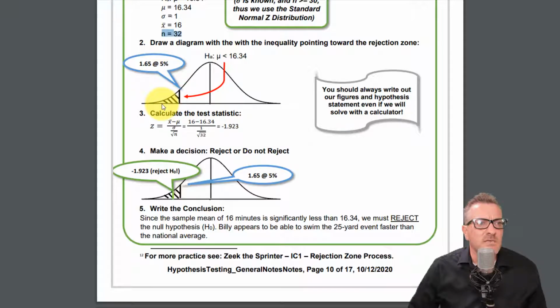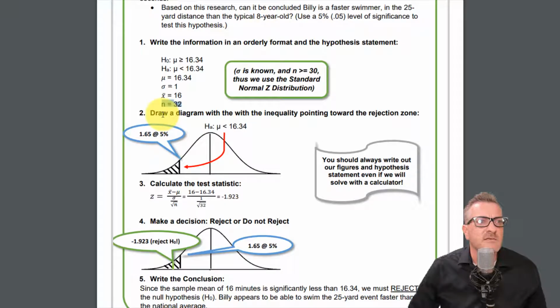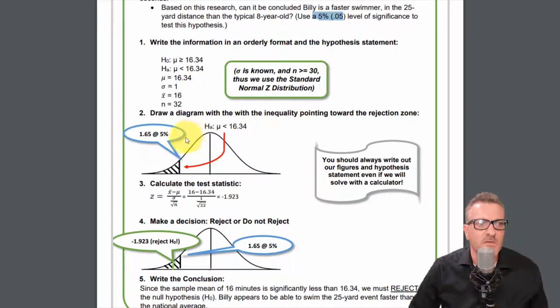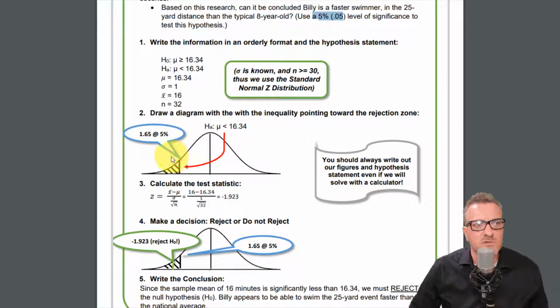We also know that we are testing to a 5% level of significance. So our cutoff, we're doing rejection zone style. So we're going to look up on our Z table, and we're going to figure out what our Z score is for the 5%. And let me pull that up real quick.